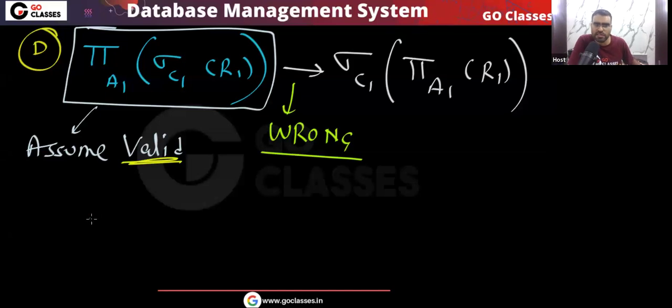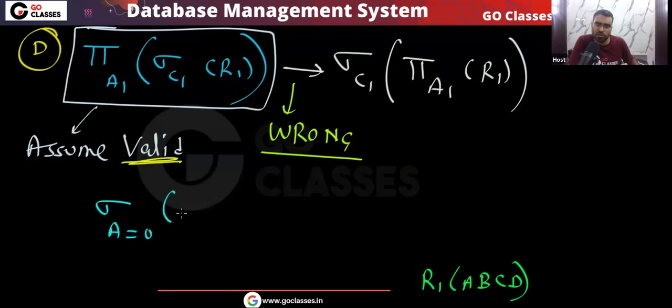No, not necessary. For example, let's assume your table is R1 with attributes ABCD. Now assume that this condition C1 is like this, that A is equal to 0.